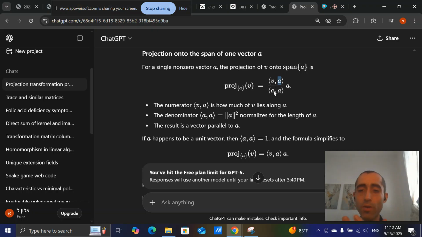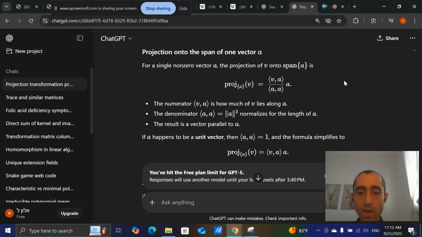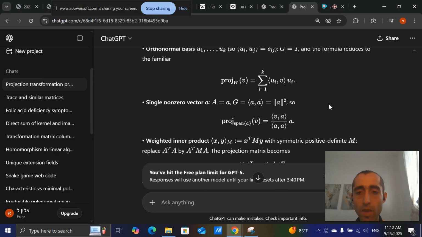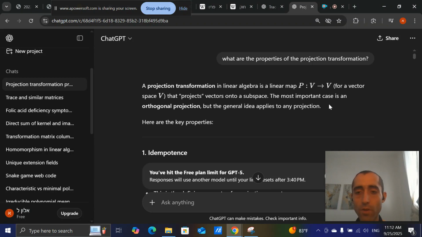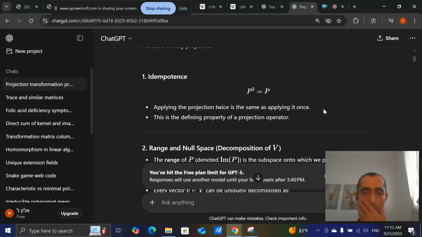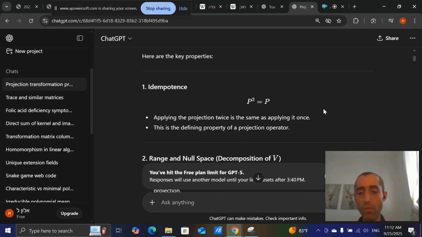For the first component you take A1, and for the next vector in the basis, A2, you add the inner product of V and A2 divided by the inner product of A2 with A2, times A2, and so on.